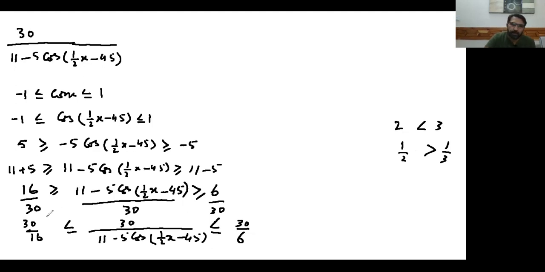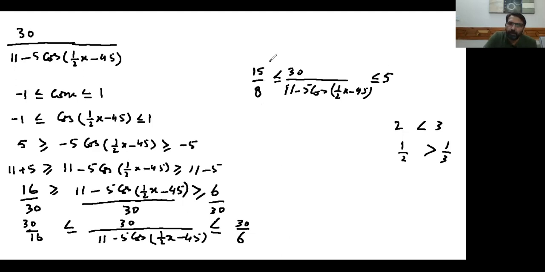Now let's simplify this a little bit. We can do a little simplification here: 2 into 15 and 2 into 8. So it's going to be 15 over 8, less than or equal to the function 30 divided by 11 minus 5 cos half x minus 45, which is less than or equal to obviously 5.